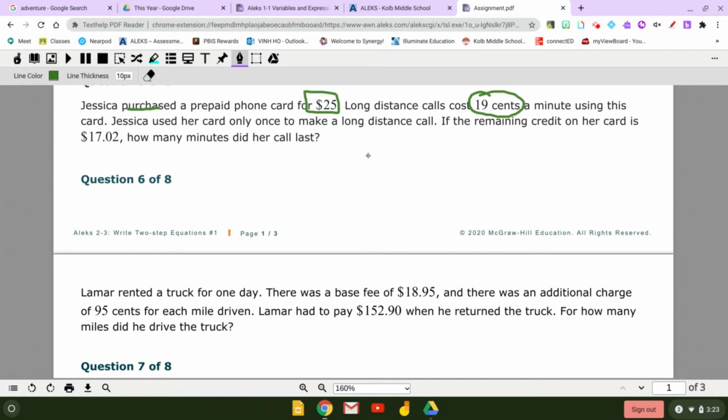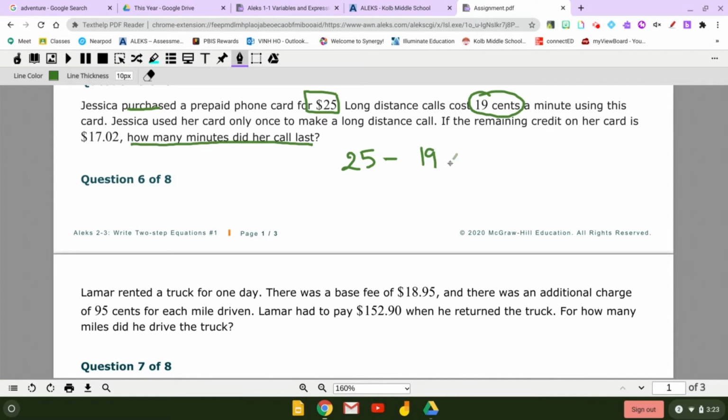So she has $25 in the prepaid phone card, and it costs 19 cents for each minute that she called. So that will be minus 19. Do we know how long her call was? We don't know, right? They ask you how many minutes her call lasted.